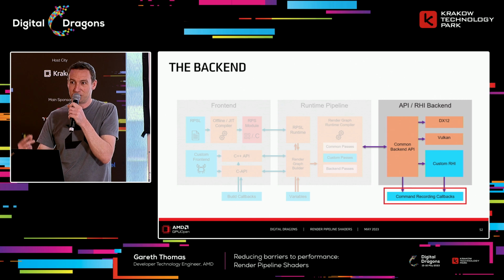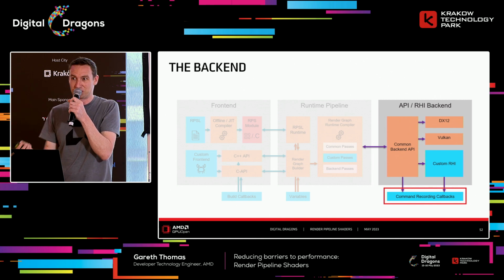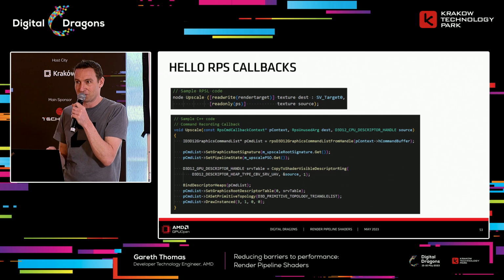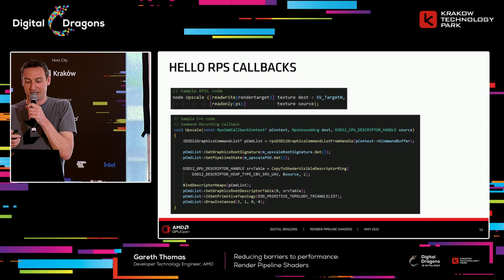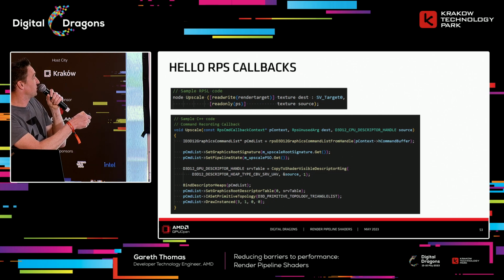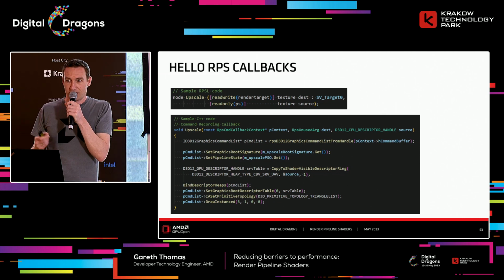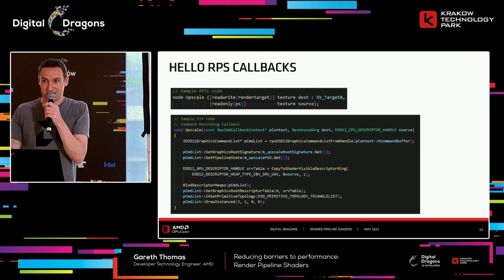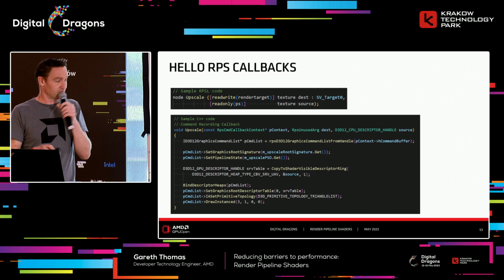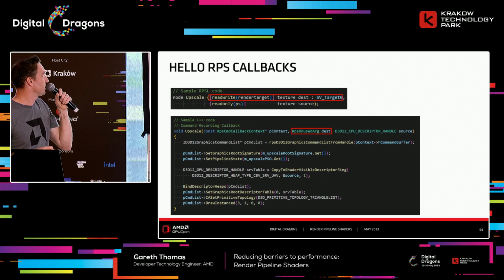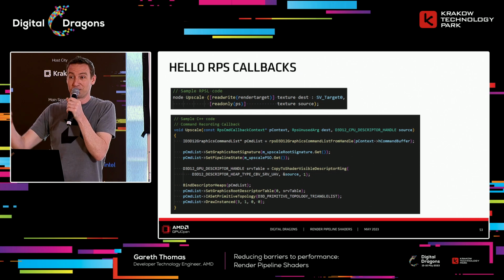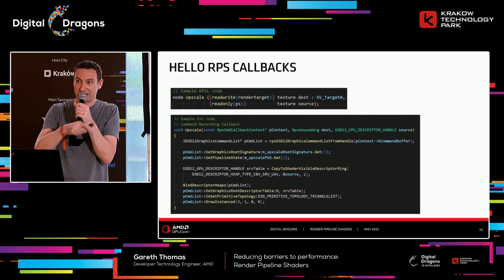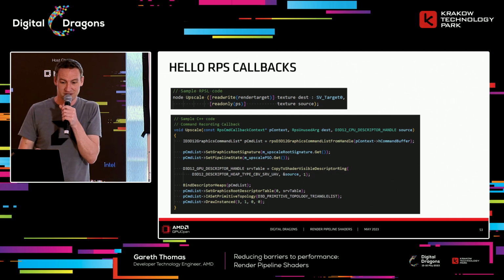And then you've got your C++ engine side callbacks which relate to those nodes. So, for example, going back to our original example, you've got an upscale node which is declared in the RPSL. So it takes two arguments, a render target and a source texture to read. And actually, the first thing is, in the C++, the arguments must match in order, but the first argument on the C++ side is the RPS context, as you'd expect.